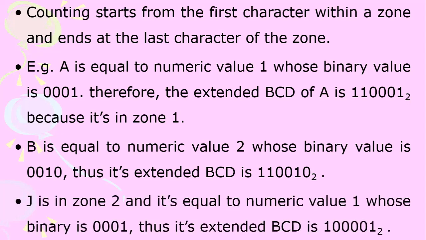J is in zone 2 and it's equal to numeric value 1, whose binary is 0, 0, 0, 1. So the first character within a zone gets 0, 0, 0, 1.